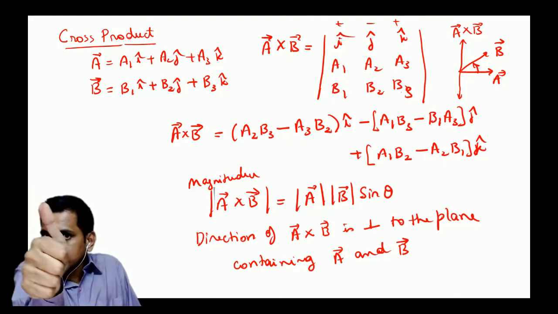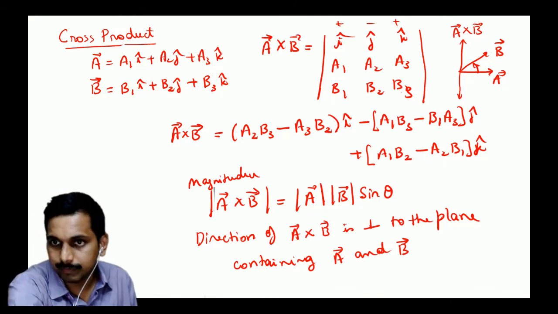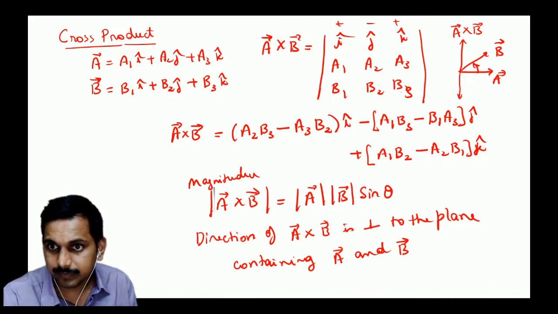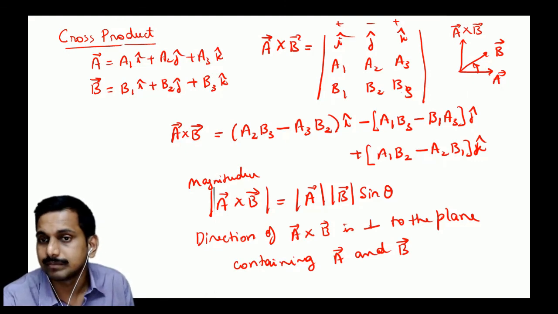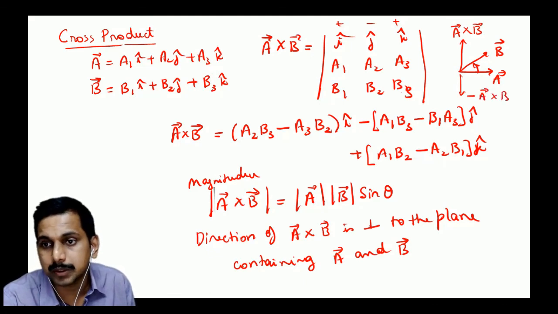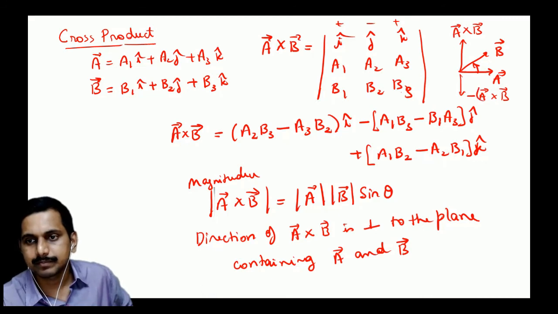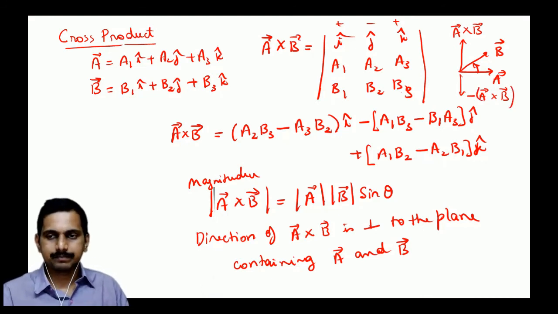A to B, the thumb shows the direction. Right hand thumb rule. So A cross B is in this direction, and this would be minus of A crossed with B. Very important. Understood, students? Any doubts here?